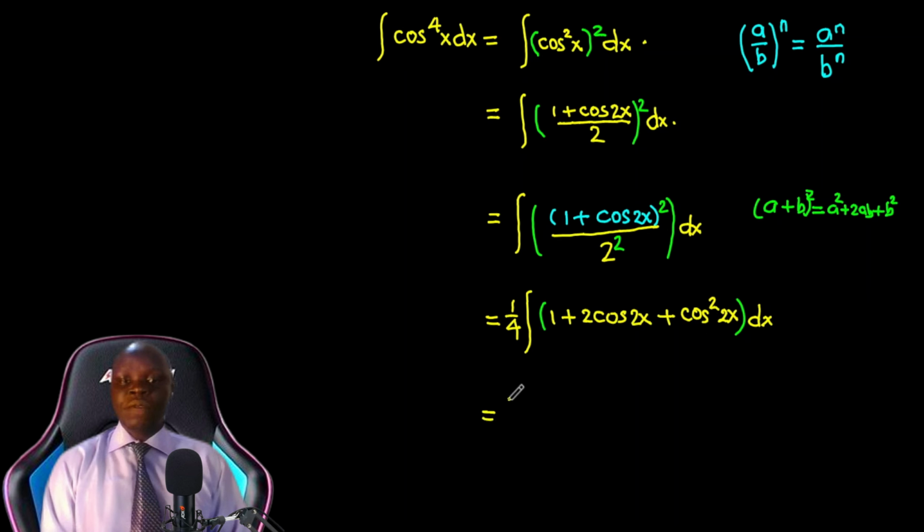So here we have 1 over 4 integral of still our 1 here, that is 1 plus 2 cos of twice x.